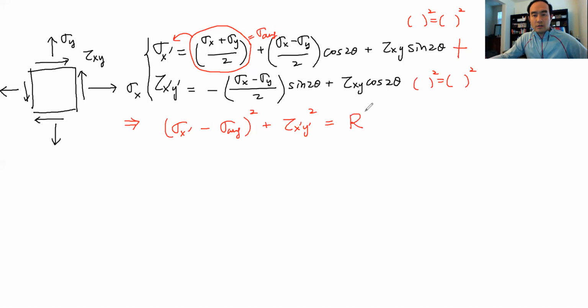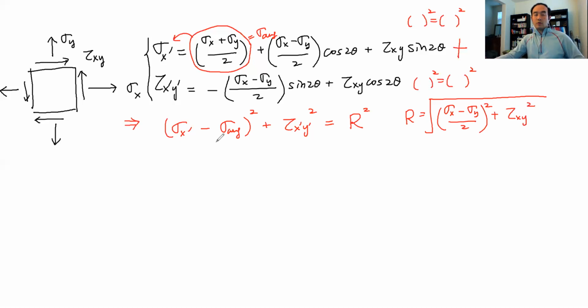I'm going to say r squared, where r is equal to the square root of sigma x minus sigma y over 2, squared, plus tau xy squared. So we can express this as the equation of a circle, right?